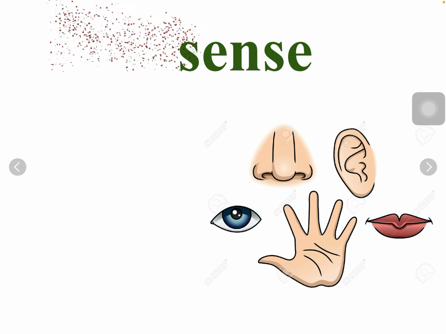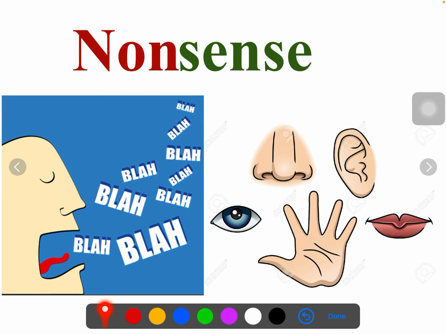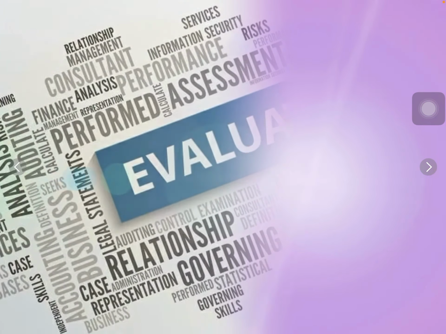Sense, as you see in the picture, but when I say nonsense, it means like this person is talking about things which cannot be understood. Nonsense, when you say it doesn't make sense, this is the meaning.